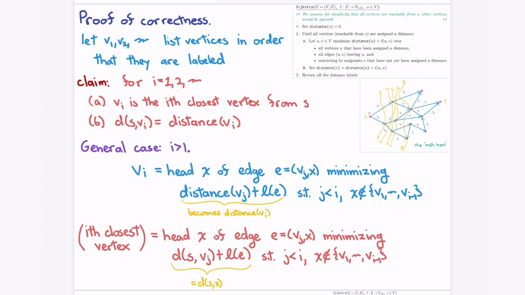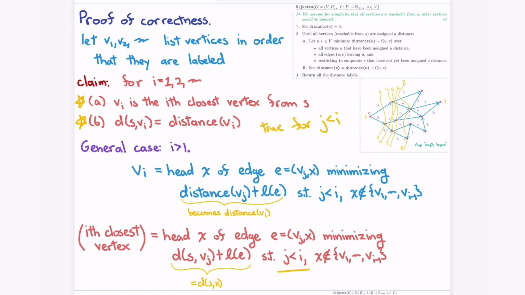Is it like whenever you add something to the queue, you sort it sort of? So I think maybe I'm not expanding out enough as I should. So here I'm really assuming by induction that these two things are true, especially part A, for all the values j less than i. So down here, when I say j less than i I really mean the i minus 1 closest vertices.